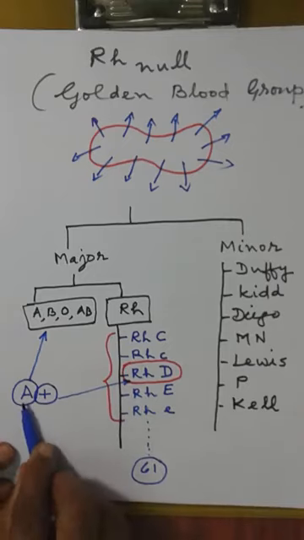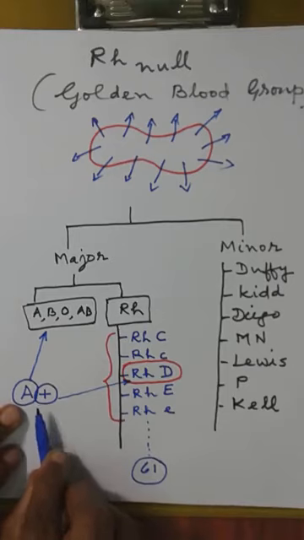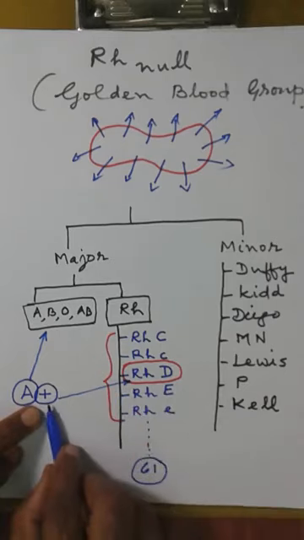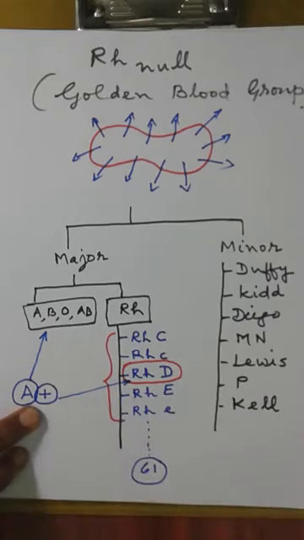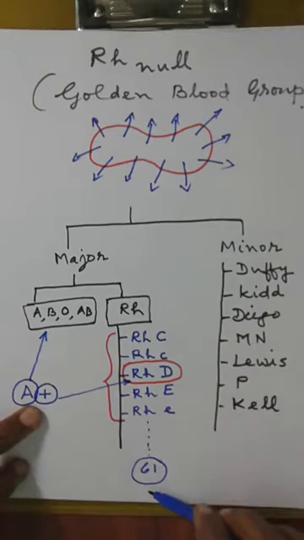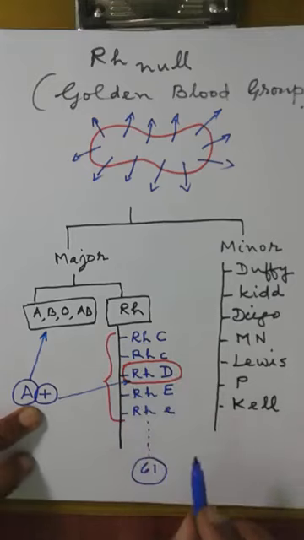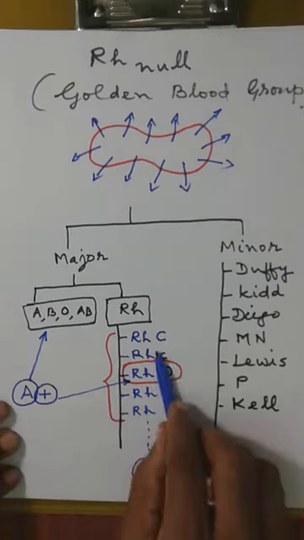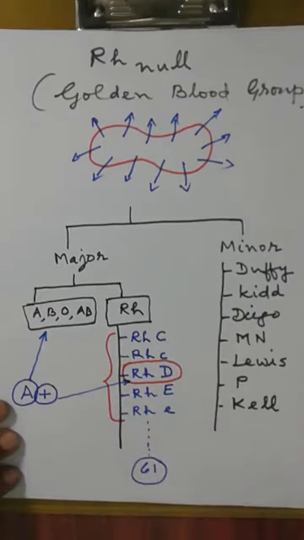So when I say A positive, the positive sign means RHD is present. RHD alone. Keep in mind, we are not considering the other RH factors. RHD is only one among 61. The other 60 remain, but initially, we are not concerned with the remaining RH factors.